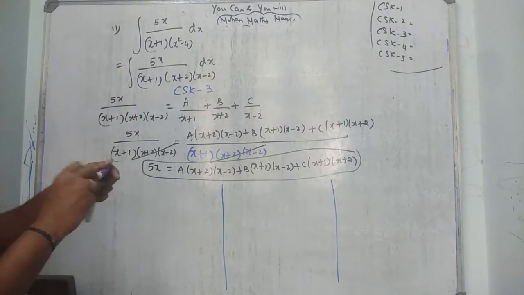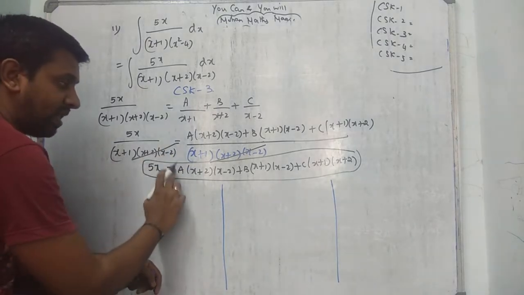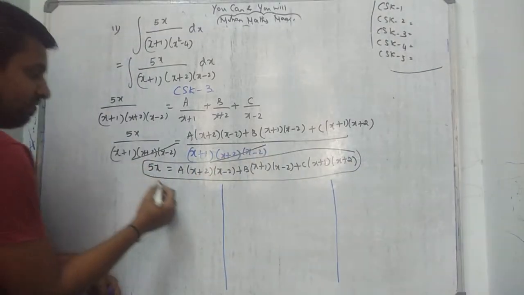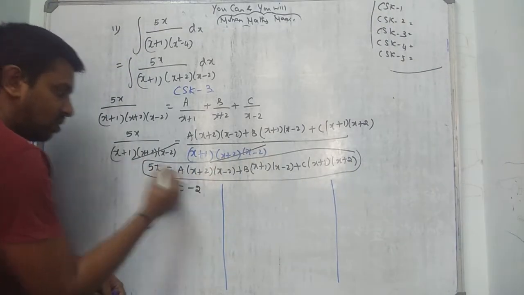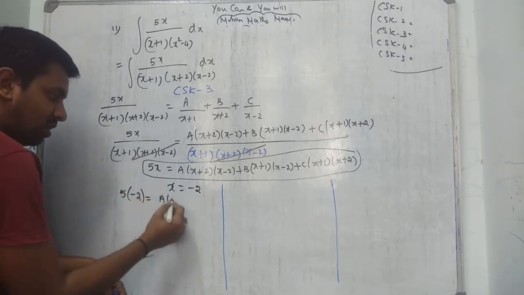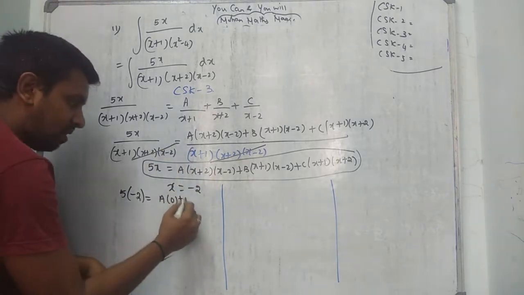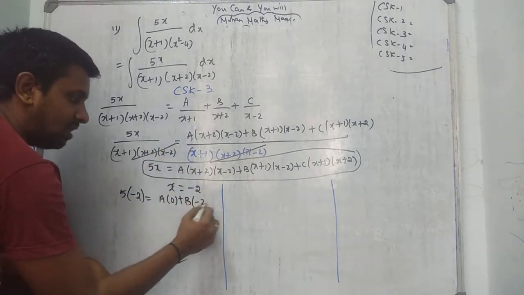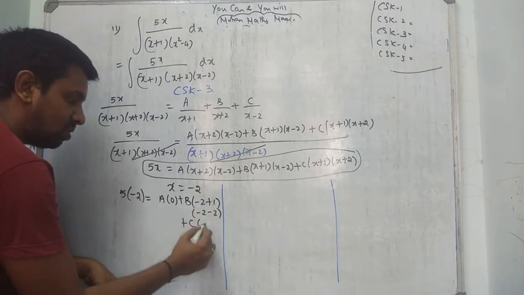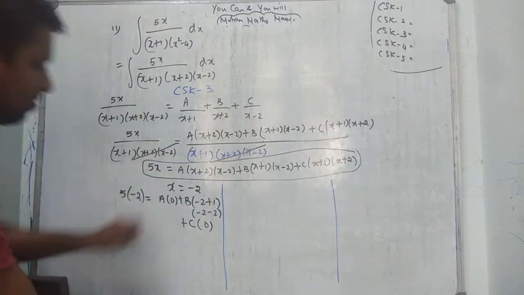First one, I need to find out. Now if I put x equal to minus 2, the entire bracket will become 0 and here also the entire bracket will become 0. So first step, x equal to minus 2 on both sides: 5 into minus 2 equals a into 0, since minus 2 plus 2 is 0, and b into minus 2 plus 1, minus 2 minus 2, plus c into 0, because if I put minus 2 here, minus 2 plus 2 is 0, and 0 into anything is 0.